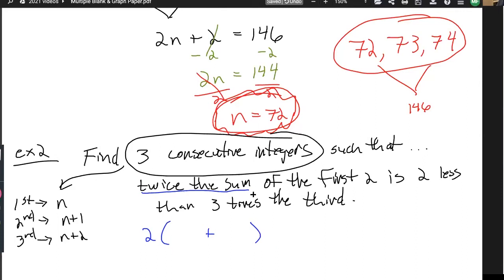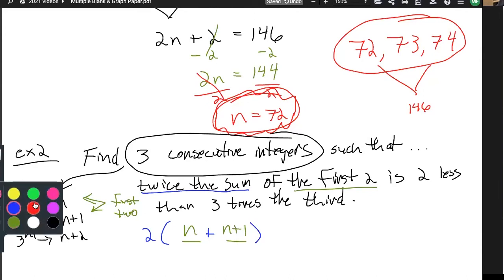So twice the sum, 2 times, and I need these parentheses because I want to multiply whatever I get here times 2. Then how do you say the sum of the first 2 integers? Well, the first 2 are these guys right here. That's just n and n plus 1. These are the sum of the first 2 integers.